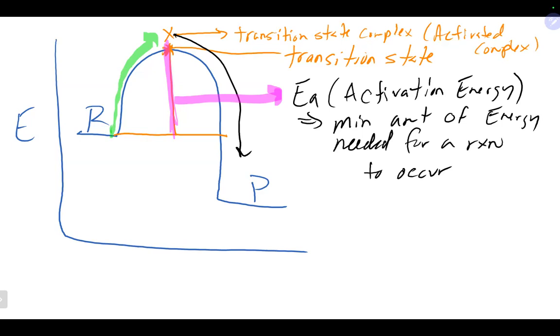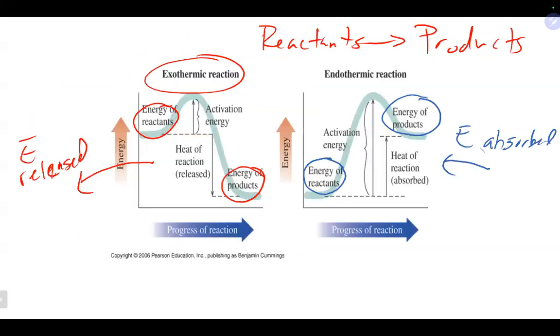So that is the activation energy there for our exothermic reaction. If we look at our endothermic one from our previous example, it would be right here. This right here is our activation energy. Between the exothermic reaction and the endothermic reaction, which one has the larger activation energy?